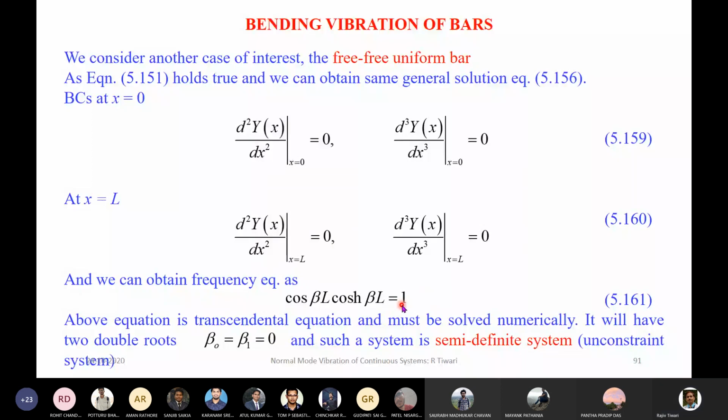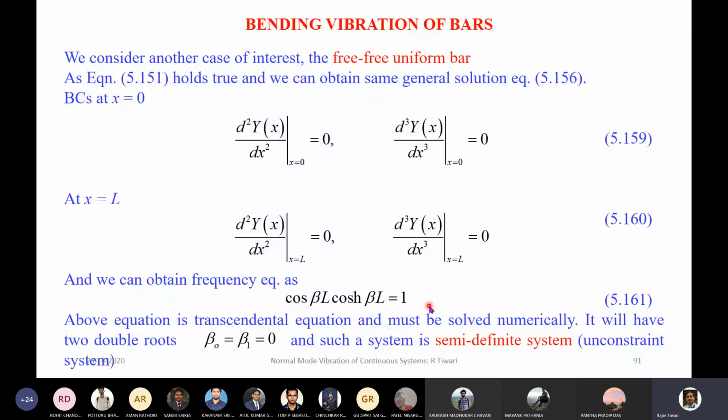Only thing, I think -1 was here in the previous case. Now it is 1. So this particular equation is the frequency equation corresponding to this free beam, both ends are free and vibrating transversely. So this is the frequency equation, and this can be solved for various values of beta.